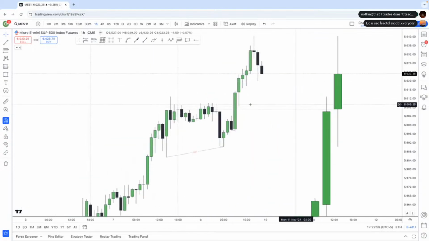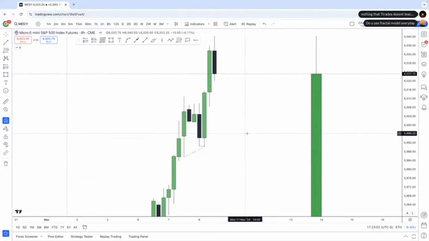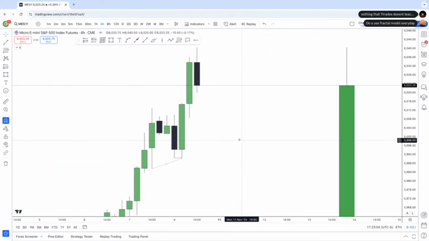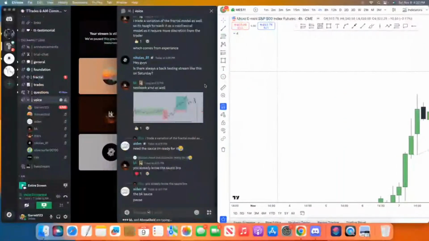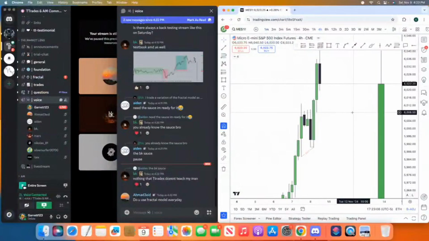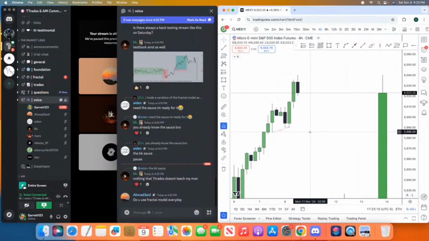I just have a couple of different rules, but that's it. I'm still aligning expansion candles like he does, a lot of the same things. And sometimes my entry will be exactly T-Trade's model just by coincidence.